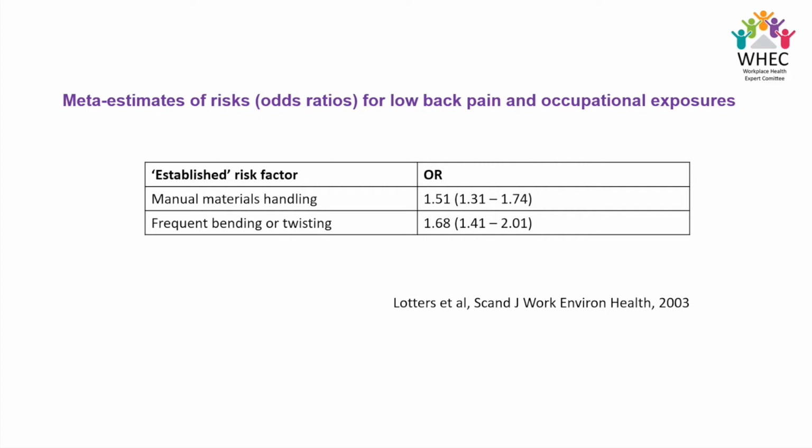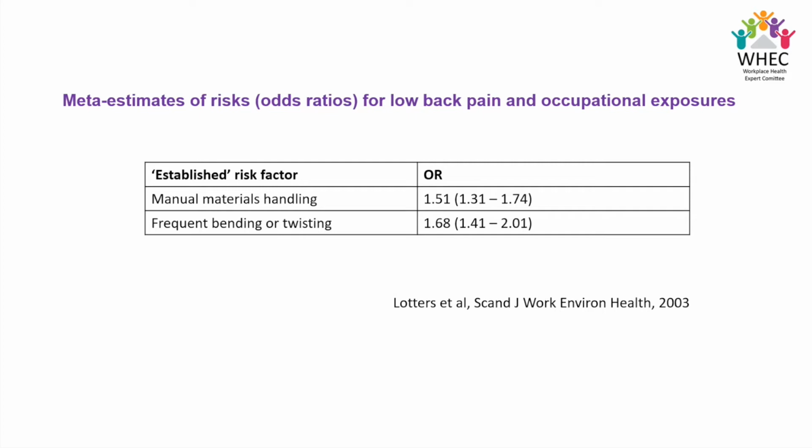The established risk factors which had the highest risks were manual materials handling and frequent bending or twisting, in both of which cases the risk was greater than 50% in those undertaking these procedures at work as compared to others.